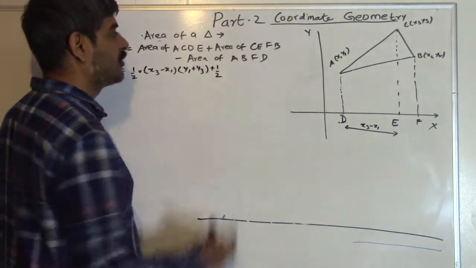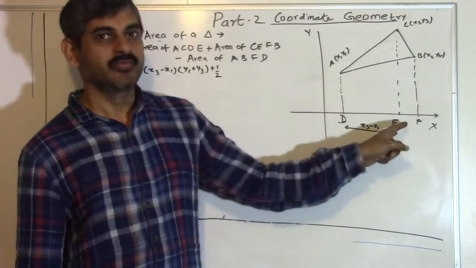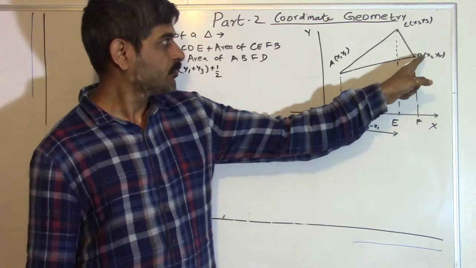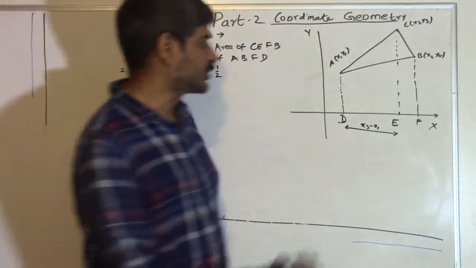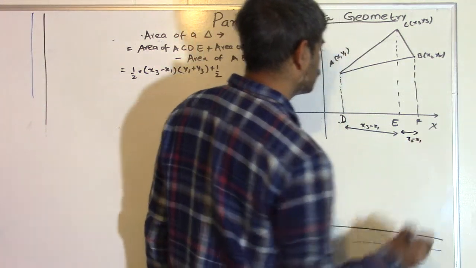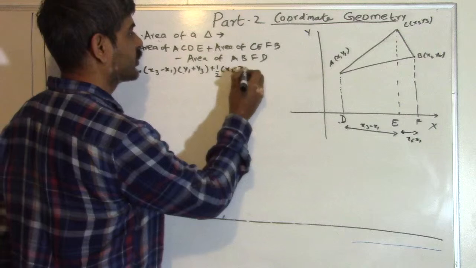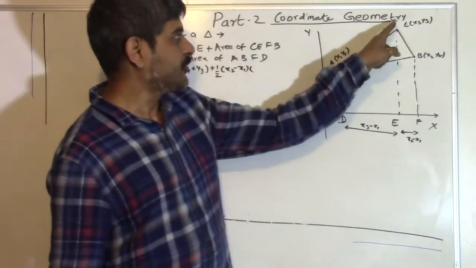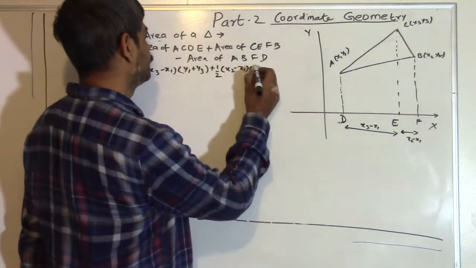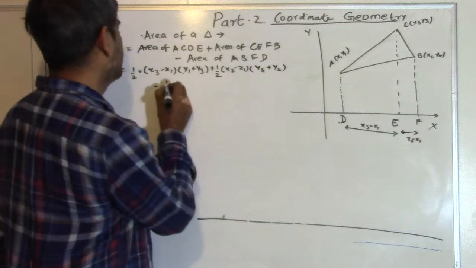Plus half of, you can apply the same thing for this trapezoid. This length is going to be x2 minus x1. So the area will be half of x2 minus x1 multiplied by the sum of these lengths, y3 plus y2, minus.